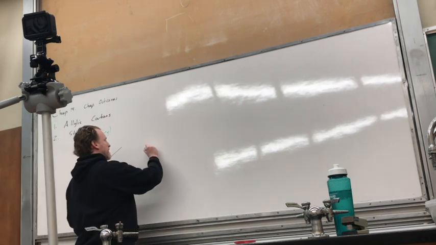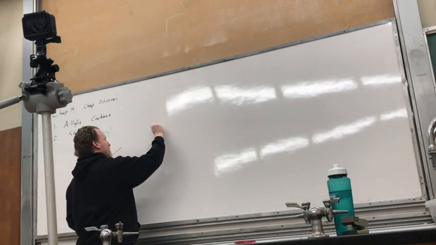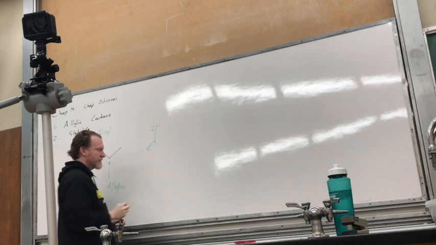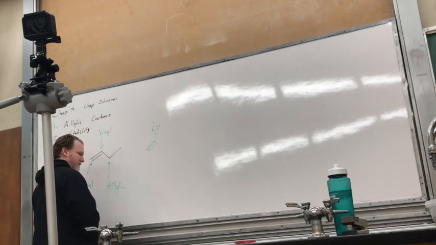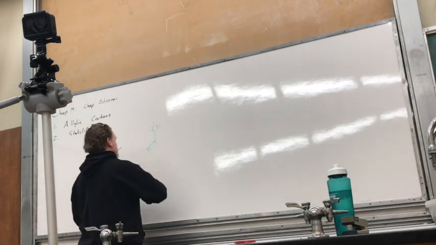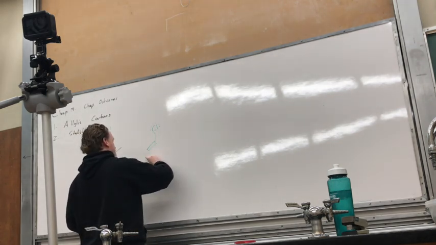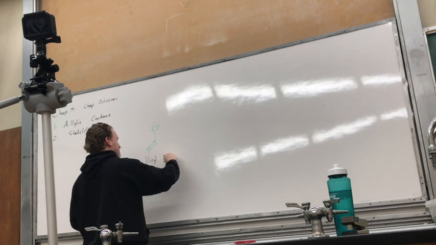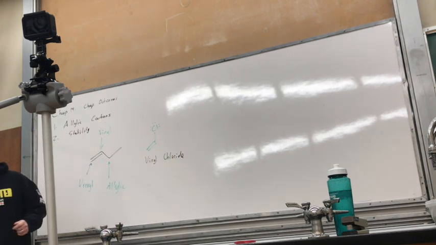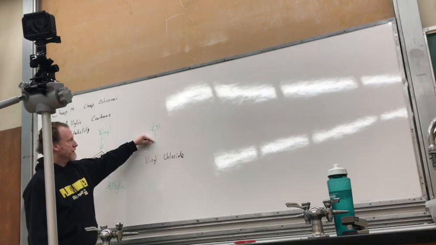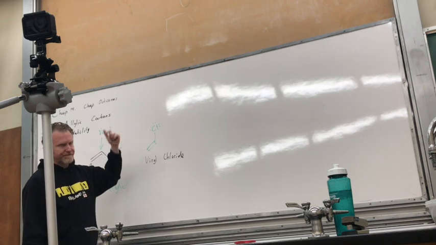So, for example, this molecule right here is called vinyl chloride. It makes sense, the name, right? You've got a carbon that's an alkene, a vinyl carbon, with a chlorine on it.